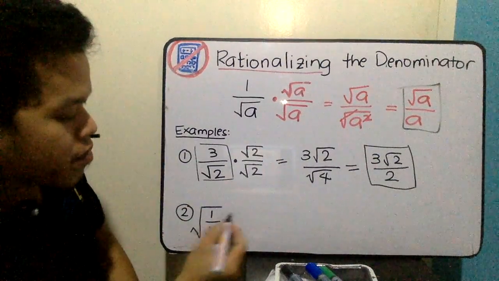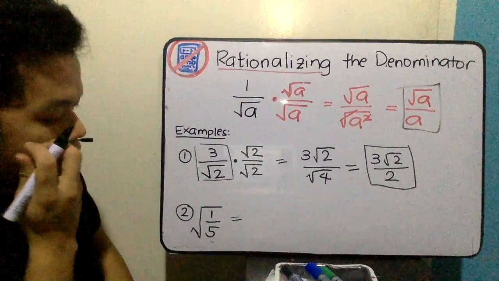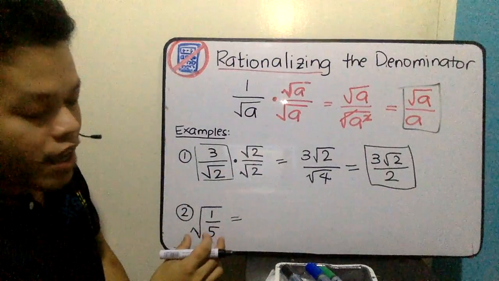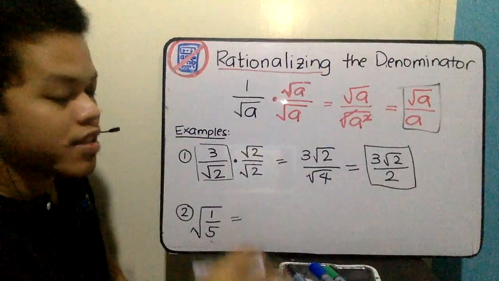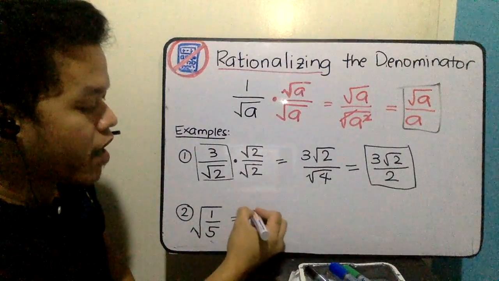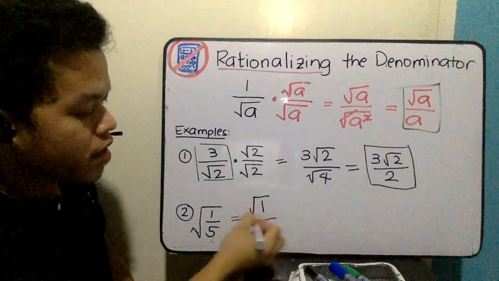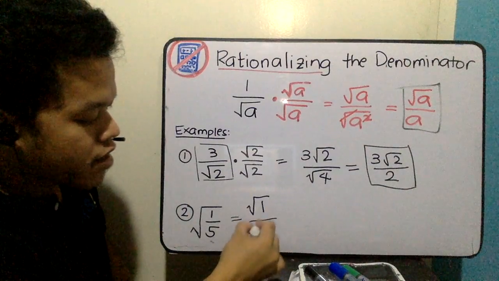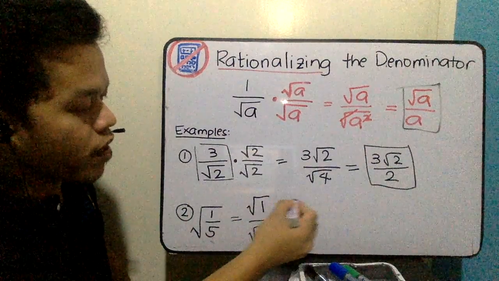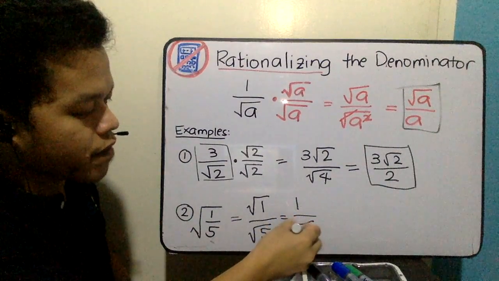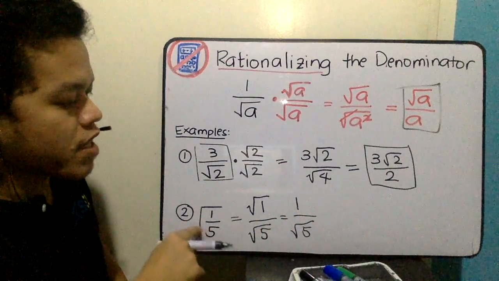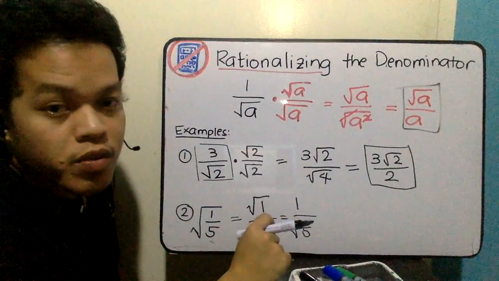Let's have the second example. In the second example, since we have a quotient of 1/5 under the radical, we can actually use the second law of surds here by expressing them into different radicals. And you know that the square root of 1 is 1, all over square root of 5. So the square root of 1/5 is similar to 1 over square root of 5.